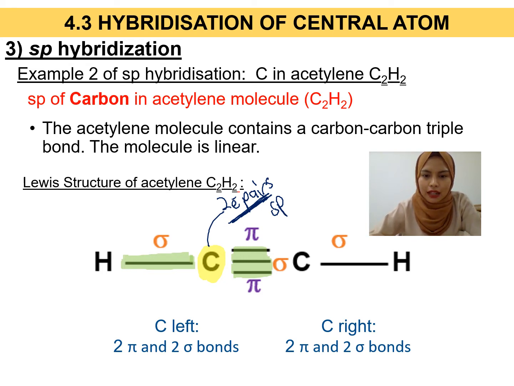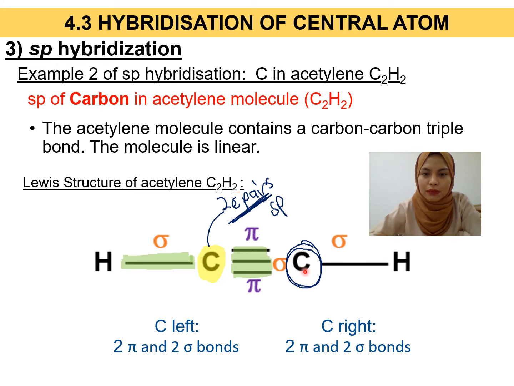Okay. Same goes to this carbon juga. Okay. So for this carbon pun dia akan ada 2 electron pair because satu bonding pair di sebelah kanan between C dan H dan juga satu bonding pair di sebelah kiri between carbon dan carbon. Walaupun di triple bond, you still need to consider it as a single bonding pair bila you nak kira the electron pairs lah.